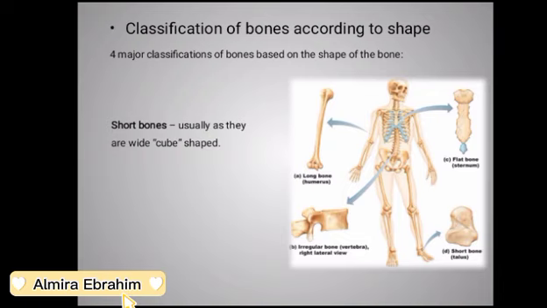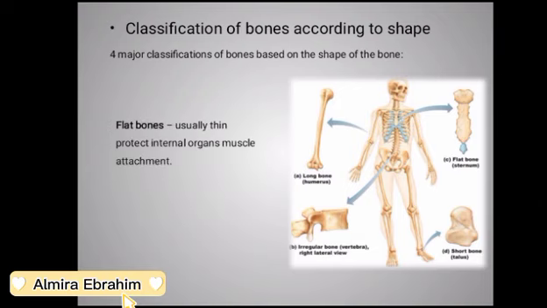Short bones are usually as long as they are wide, and they are often described as being cube-shaped. Examples of short bones are the carpals of the wrist and the tarsal bones located in the ankle region. Short bones have little movement and they provide support and stability.